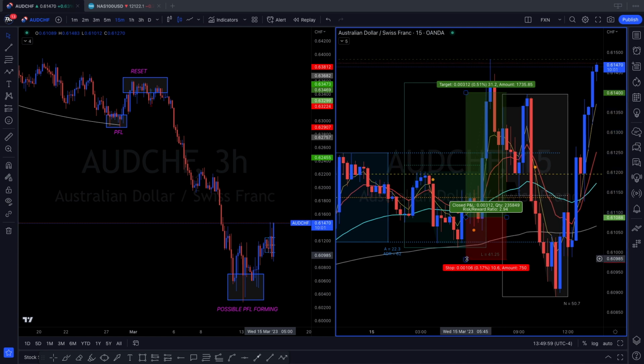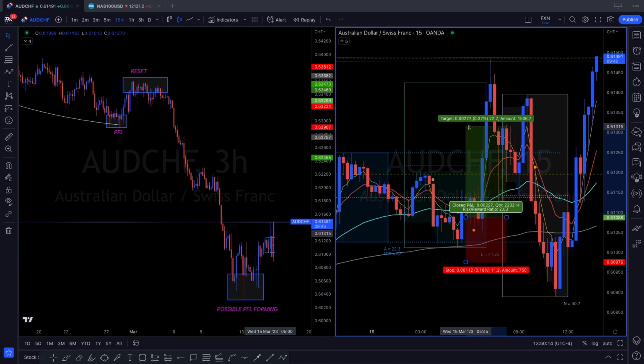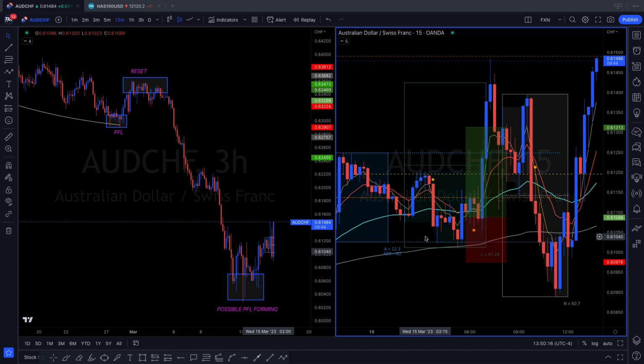Essentially you're looking at somewhere around 10 pips or so, 11 pips in this particular example. And then of course, all we're trying to do is take it back up to at least a 2-to-1 risk to reward ratio, which honestly would have been here, and you would have been out of the trade already.